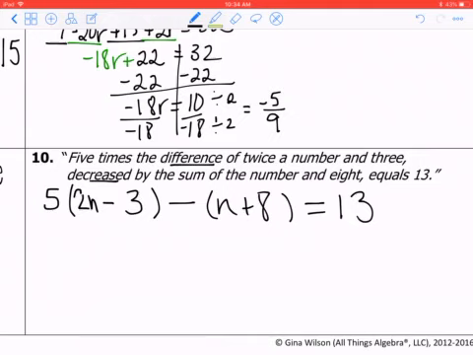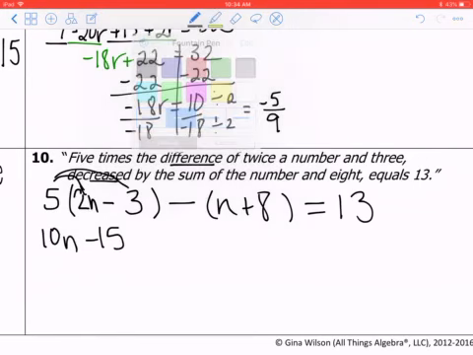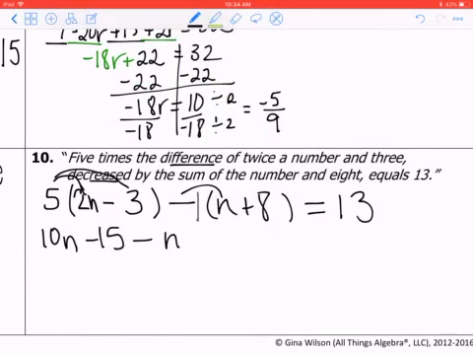So we're going to distribute for both. 5 times 2n is 10n. 5 times negative 3 would be negative 15. Remember, this sign right here really is a negative 1. So I'm going to distribute that to have negative n, and then a negative 8, and that equals 13.